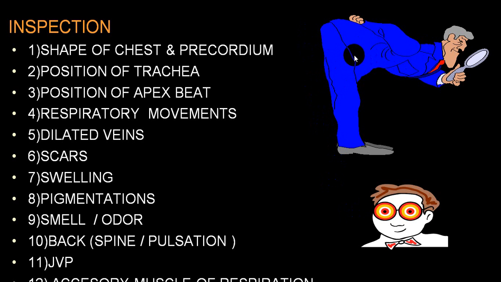These are the three positions in which you can examine the chest by standing on the right or at the foot end, or you can examine by asking the person to sit upright and stand on the back and examine the posterior surface of the chest. While examining the posterior surface of the chest, you don't have to look tangentially.